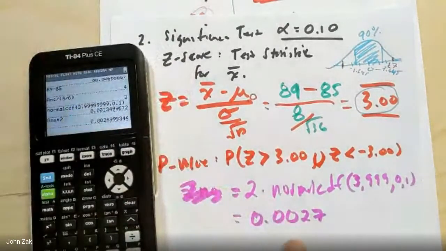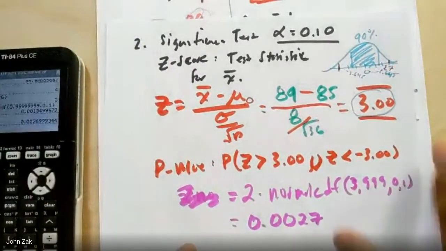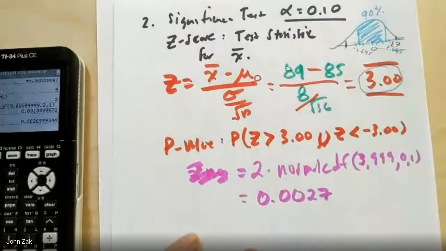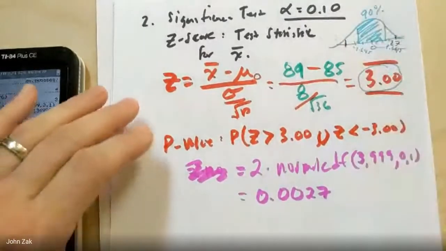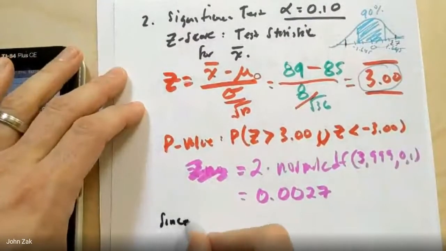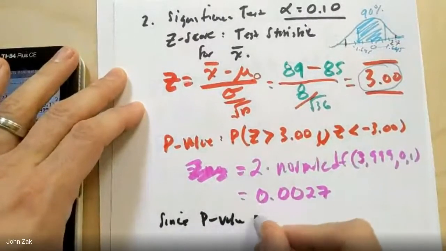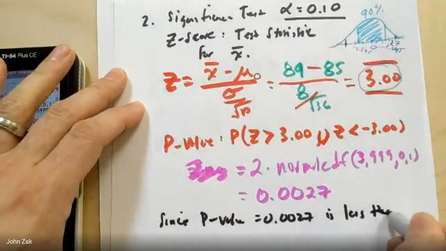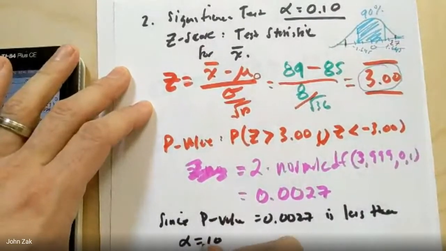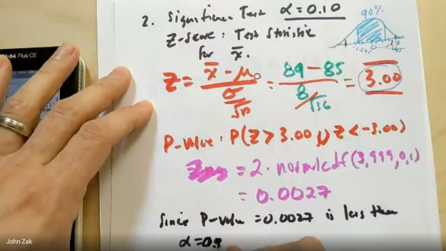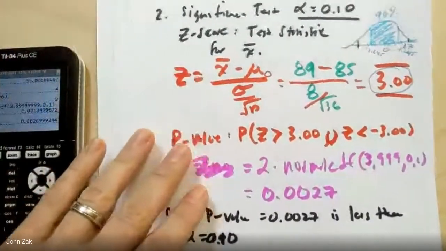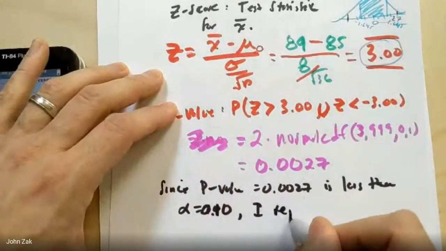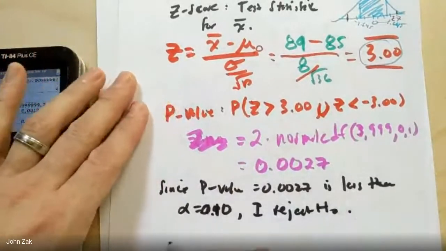So with this p-value, this p-value is definitely less than 10% significance, right? This is way smaller than 0.10. So I could say, since the p-value, which equals 0.0027, is less than alpha equals 0.10, I reject the null hypothesis, right?